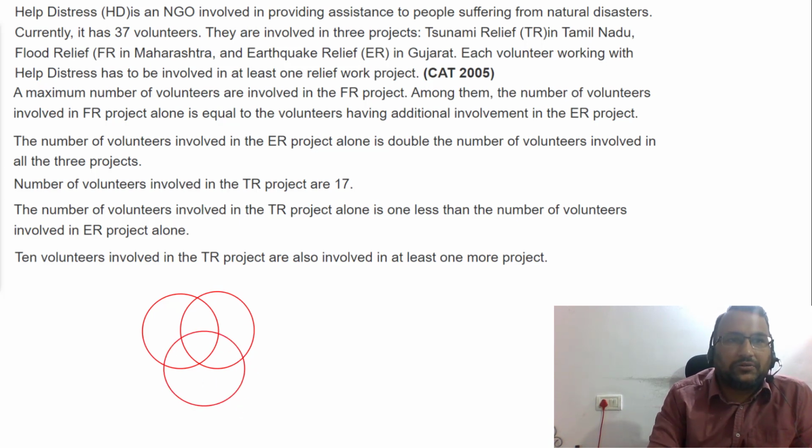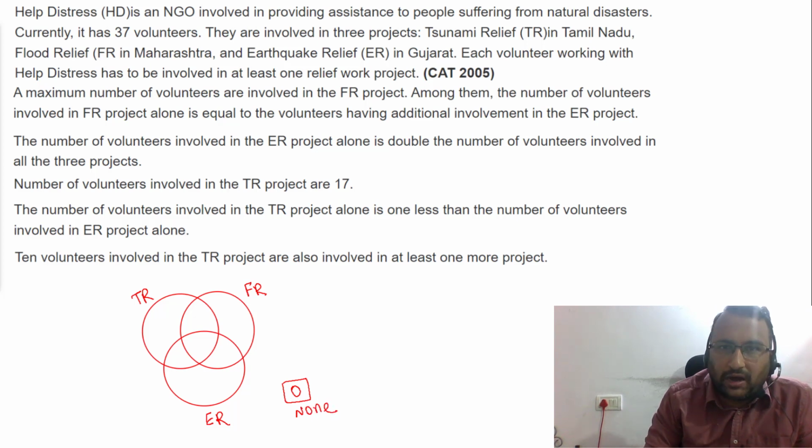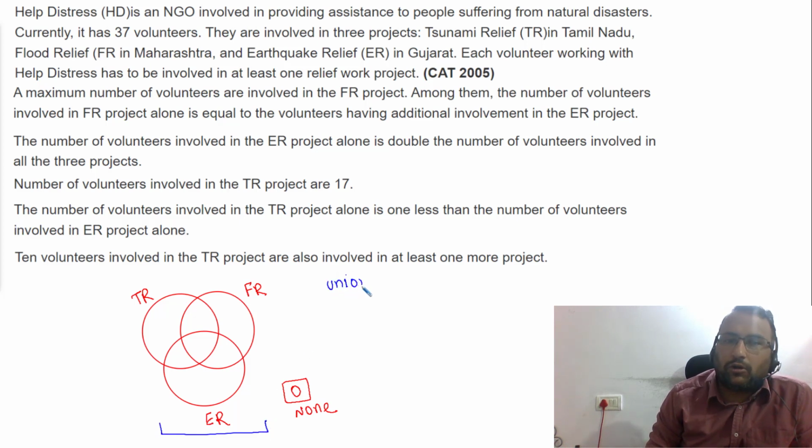This is for TR, this is for FR, and this is for ER. The none region is 0 here because every volunteer is going to be there for at least one relief project, and the total union is equal to 37. Total number of volunteers involved is equal to 37.